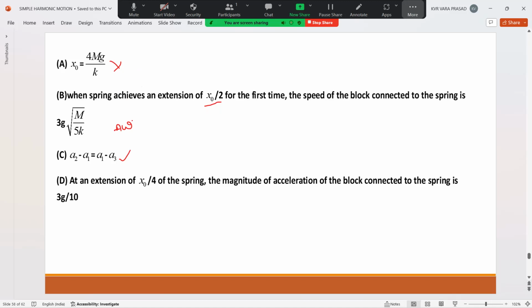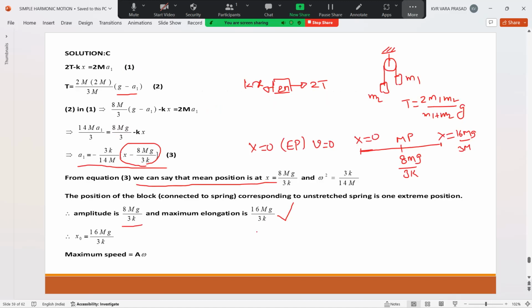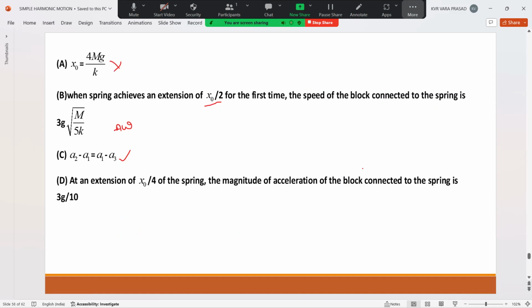This is not matching, because the A value is 8mg by 3k, and the omega square value we got here is 3k by 14m. So the answer is not matching. So option B is not correct.